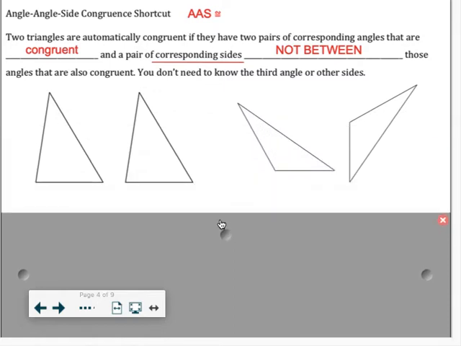Which means you don't have to know, again, that third angle or the other sides. An example of that, let's say that this side is 8 centimeters, this angle is 60 degrees, this angle is 50 degrees, this side is 8 centimeters, 60 degrees, and 50 degrees, and these would be congruent by angle, angle, side.